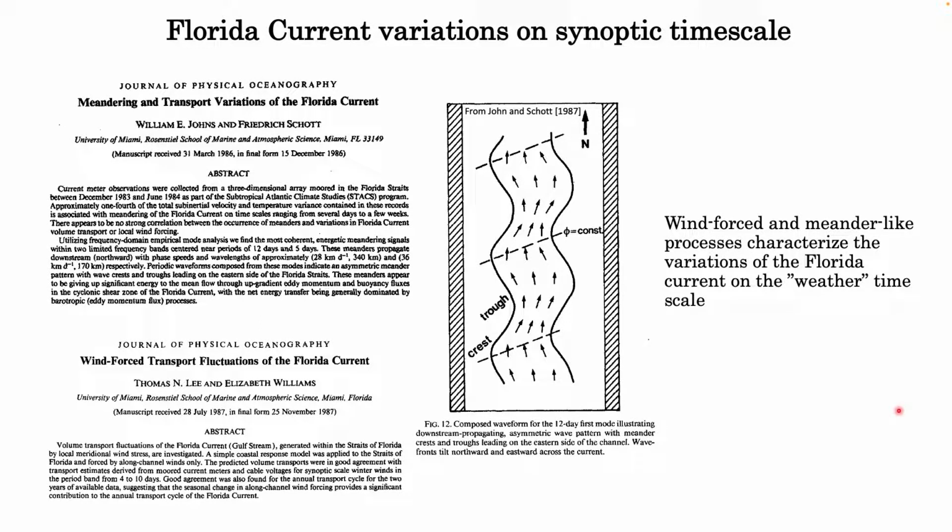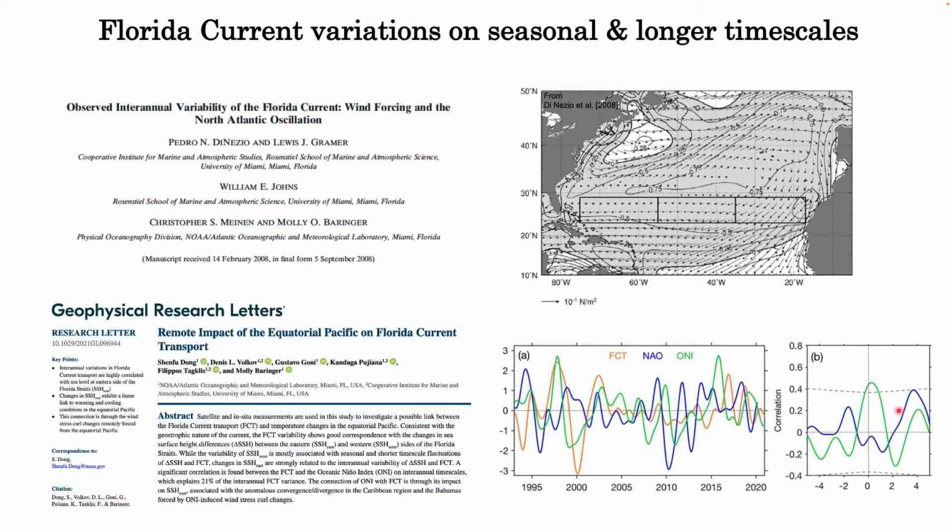As for the synoptic scale or weather scale, the Florida Current transport is driven mostly by meander-like features and wind-forced processes, as documented by nice papers by Jones and Schott, and Lee and Williams in the 80s.